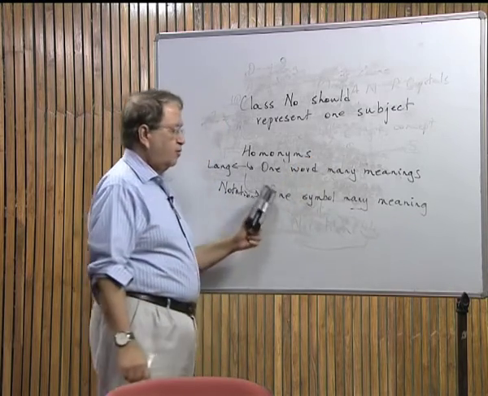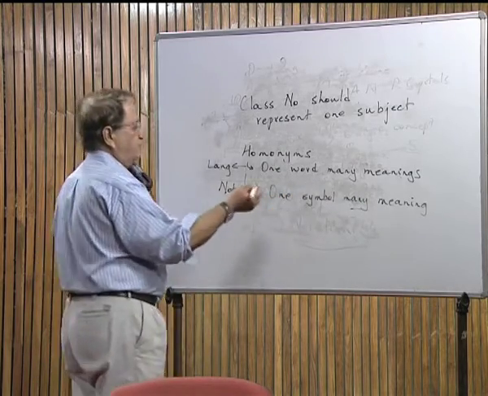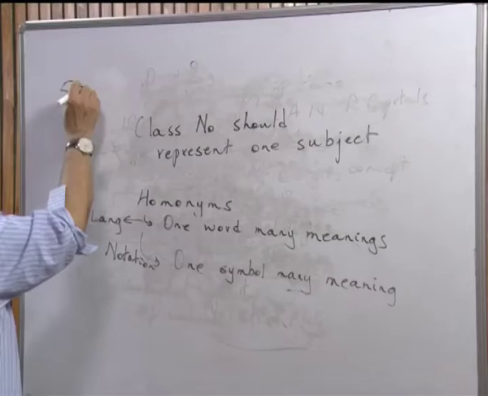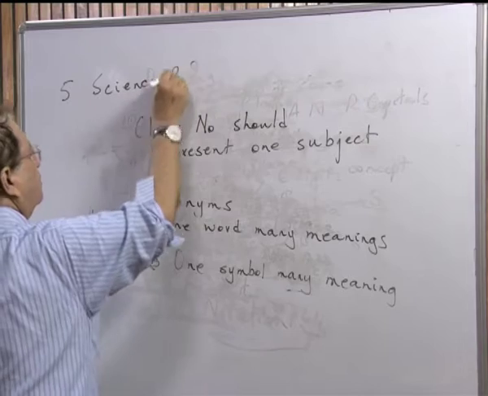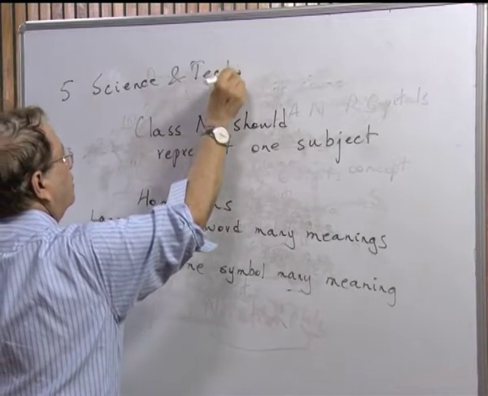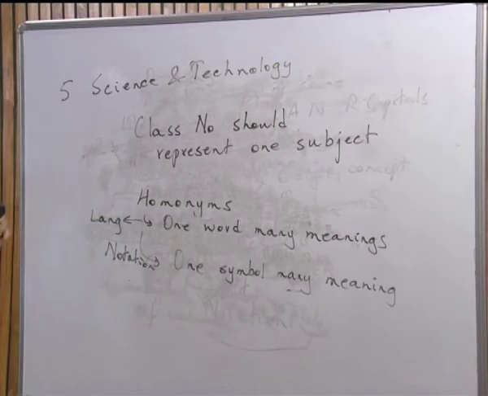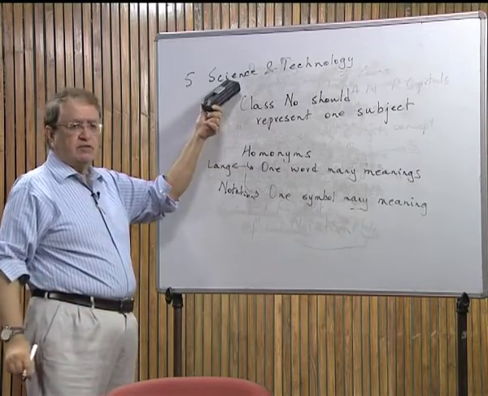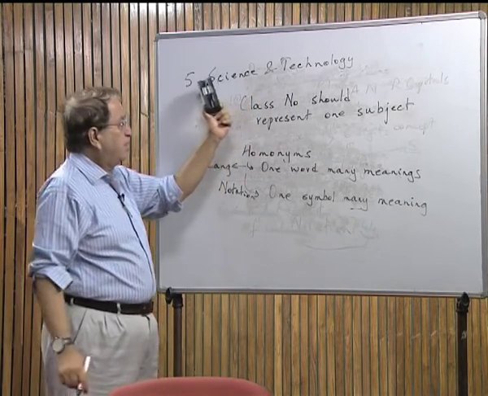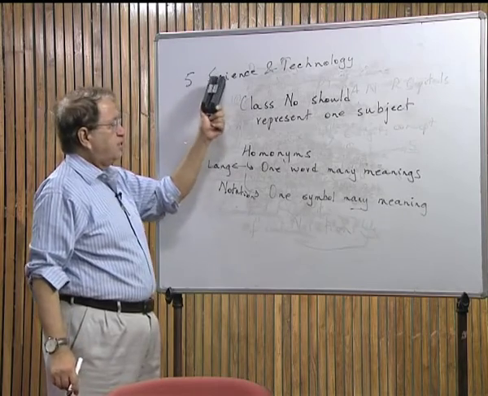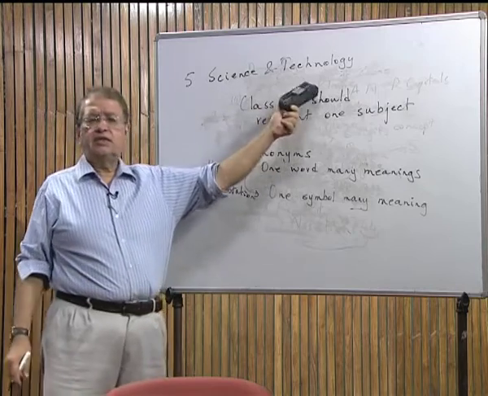In notation, one symbol may have many different meanings. Meaning, for example, if you use 5 and say this represents science and technology, then if you have a book which deals with science only, you will still keep it in 5. A book which deals with technology, that also you will keep in 5. But that means 5 will accommodate general books on science, general books on technology, as well as books which deal with both science and technology together.